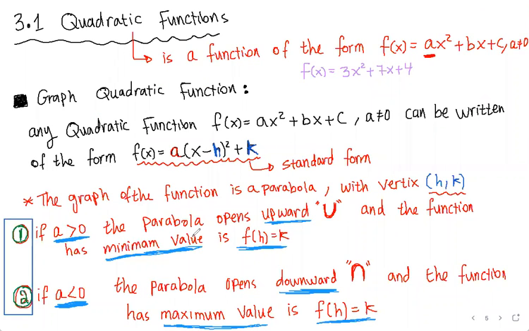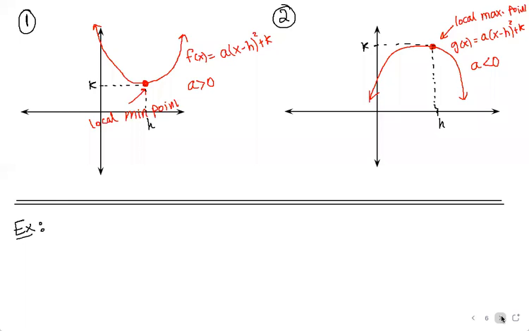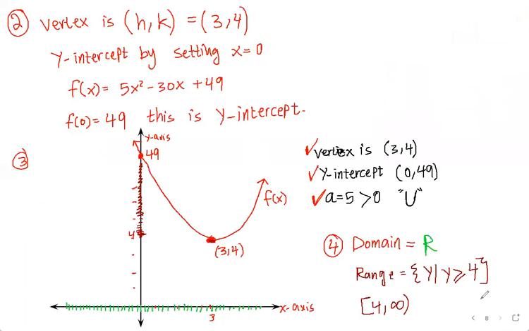So for number 5, A equals 5, which is greater than 0, so the function has a minimum value.